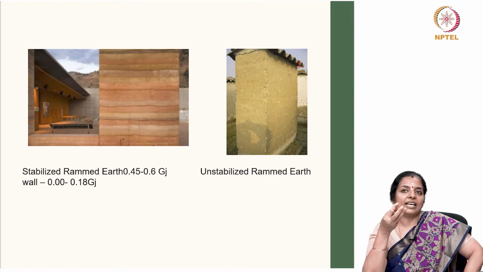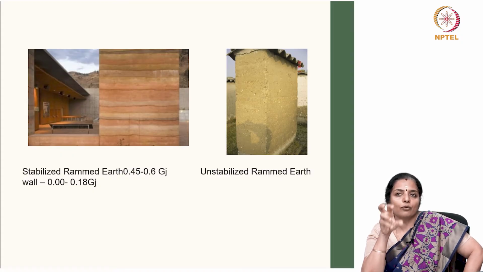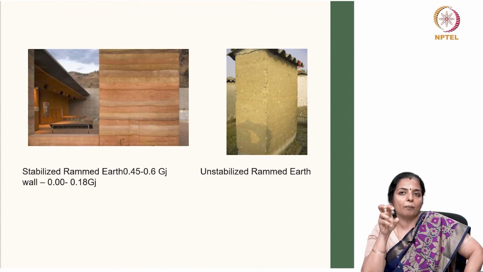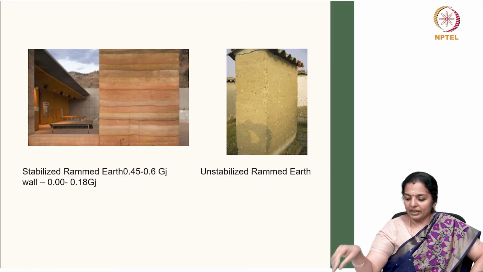When a cementing material is also added, the material is known as stabilized rammed earth. So, rammed earth is a technique for forming solid walls by compacting processed soil in progressive layers in a temporary formwork.